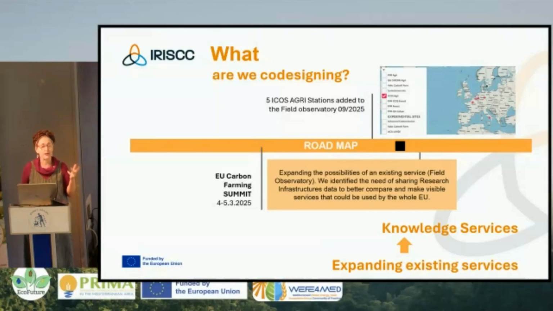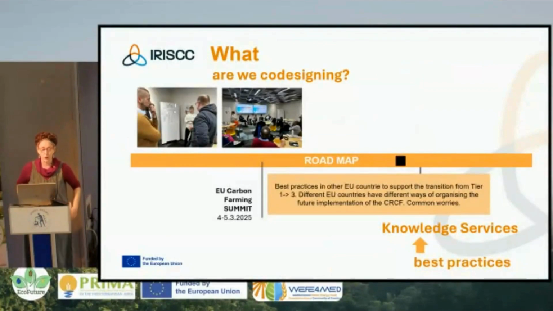Field Observatory is a visualization service that is in Finland, but we have been adding to that 5 ICOS agricultural stations. So a way is also not to start from scratch, but to build on existing services. This is also co-designing.